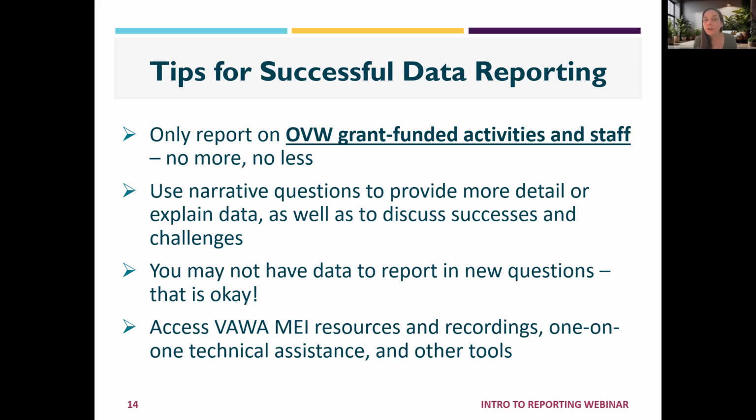You're using the narrative as much as you can, hopefully, to provide more detail on the amazing work your staff are doing, the nuances within your community, within the services you provide. The more you can write down with words, the better of a story your performance report will be able to convey so that your program manager at OVW can effectively monitor the goings-on of your grant.